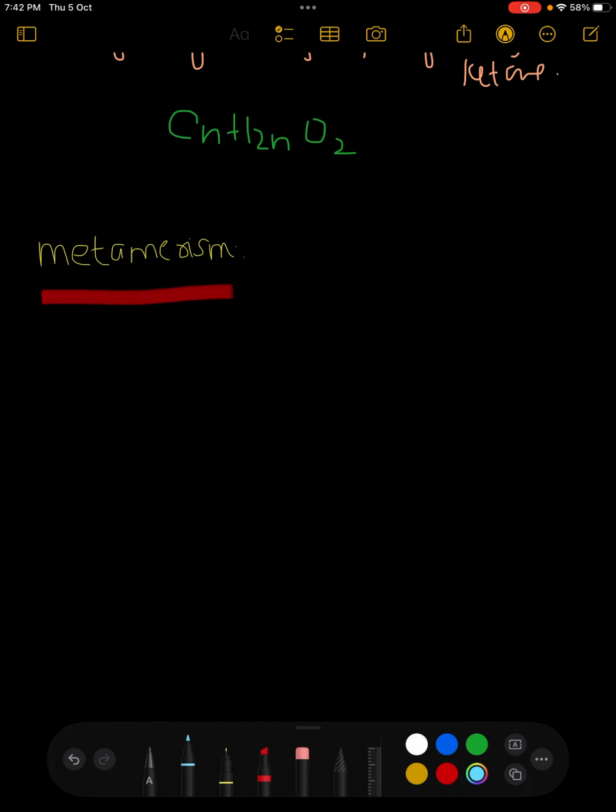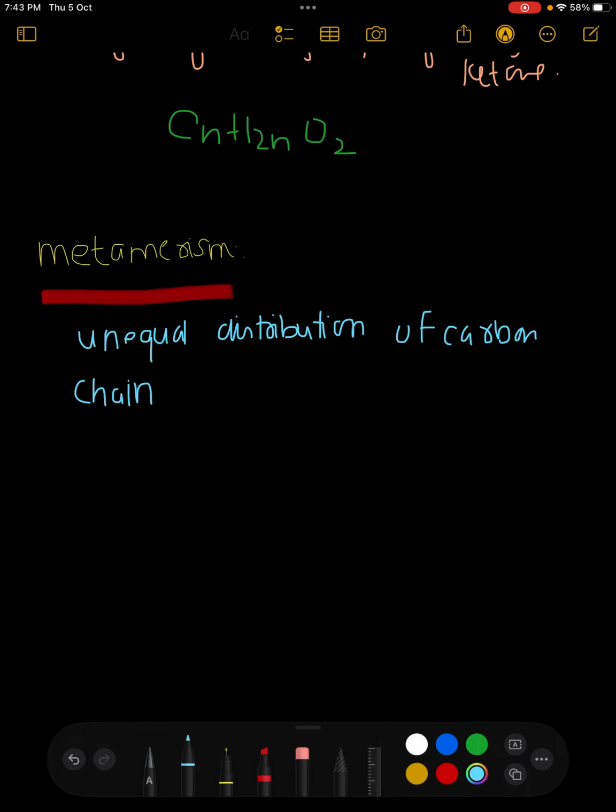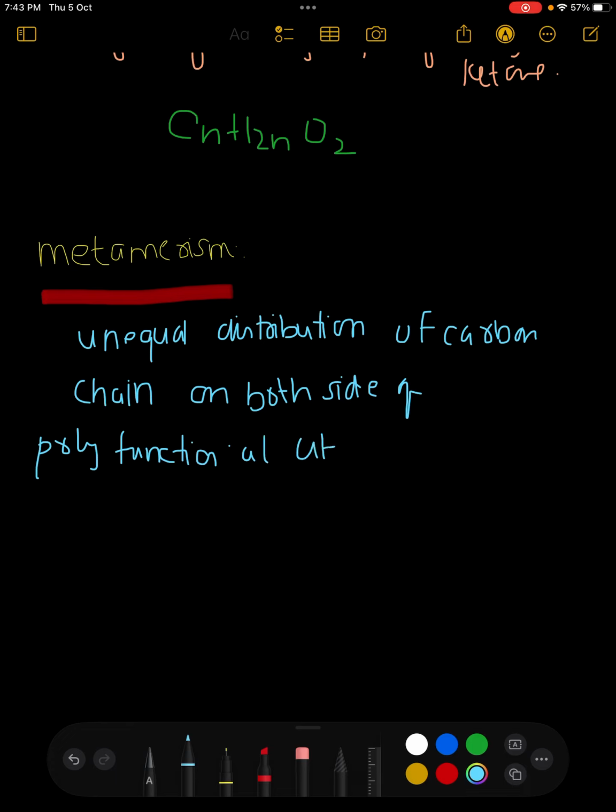Basically the unequal distribution of carbon chain on both sides of a polyfunctional atom or polyfunctional group.